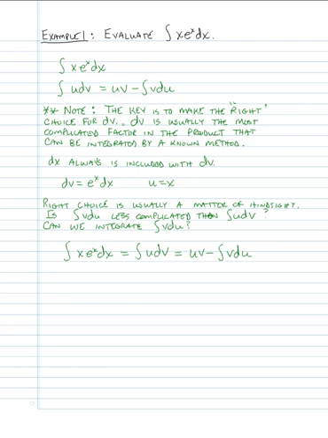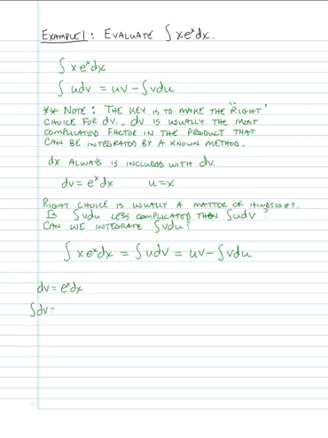So that's where we are. If we can integrate the v du, but now of course we don't know what v is and we don't know what du is. So to use this formula, we've got to calculate all of the pieces that we need, u and v and du. So we do that from our named information. That is, dv, remember, was the integral of e to the x dx. Now, to find v, we integrate dv.